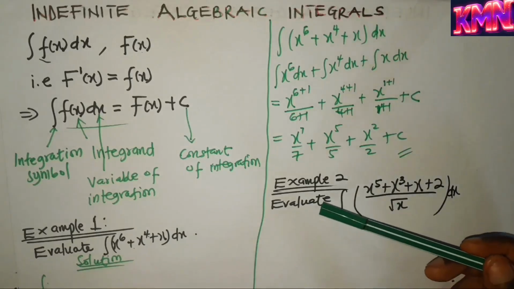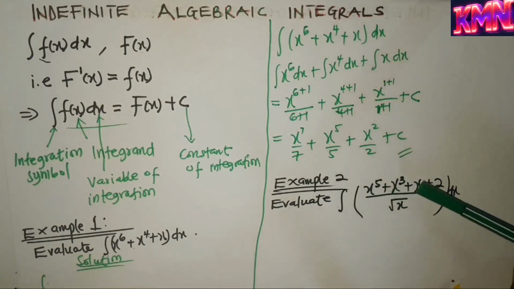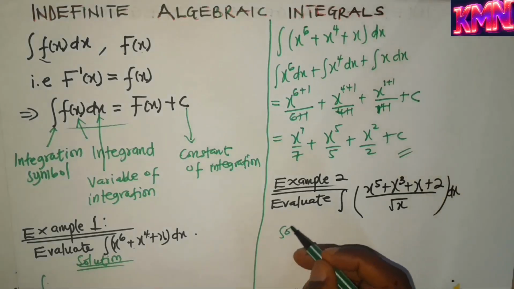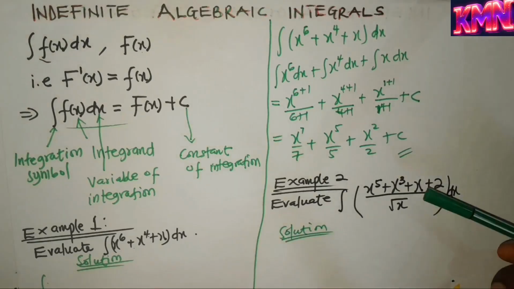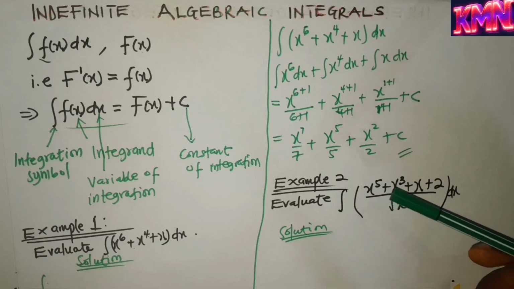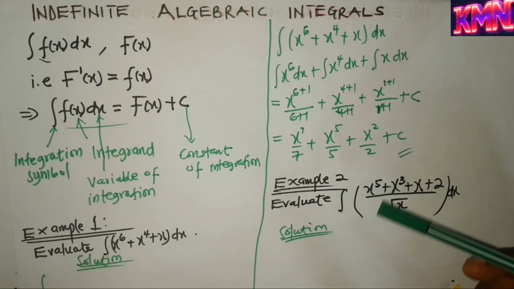says evaluate the integral of x power 5 plus x power 3 plus x plus 2 all on root x dx. Solution. Integrating this, we need to break the expression down by dividing each of the terms at the numerator by root x. Then after the simplification, we integrate. So let's look at it.